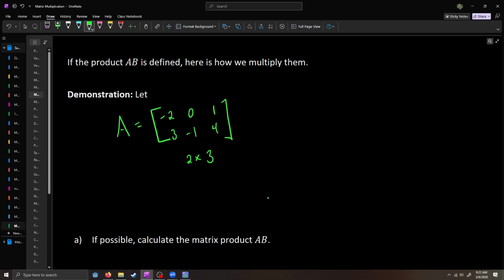I'm going to define now a matrix B, which has 3 rows and 4 columns. So pretty hefty matrix here. In the first row, let's have 5, 0, 1, 2. In the second row, let's have 1, -1, 0, 0. And in the third row, let's go ahead and have 2, 1, -3, and then 1 again.